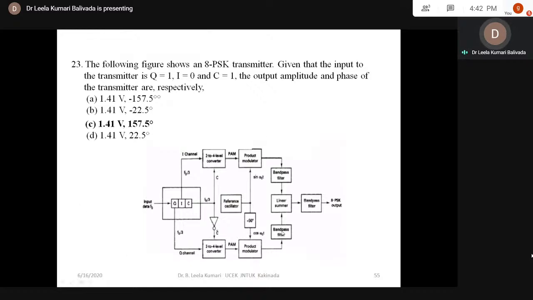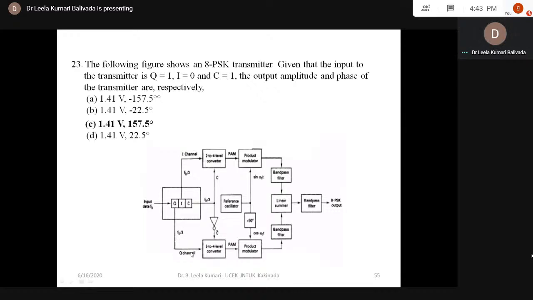Now, the following figure shows an 8 PSK transmitter. Given that the input to the transmitter is Q equal to 1, I equal to 0, C equal to 1, the output amplitude and phase of the transmitter are respectively. So here the 8 PSK transmitter is given, and it was given that Q is equal to 1, I is equal to 0, C is equal to 1. So Q is 1, then C bar is equal to 0. Therefore, at the input of the 2 to 4 level converter of the Q channel are 1 and 0.